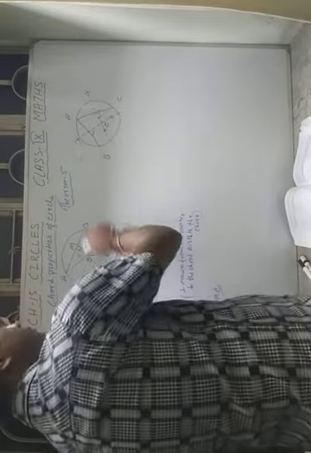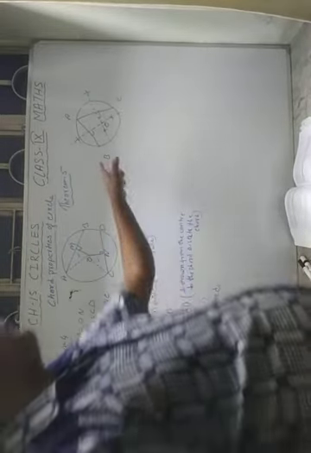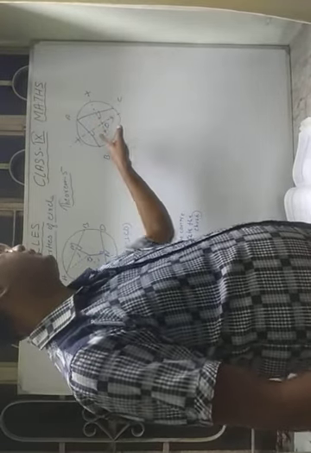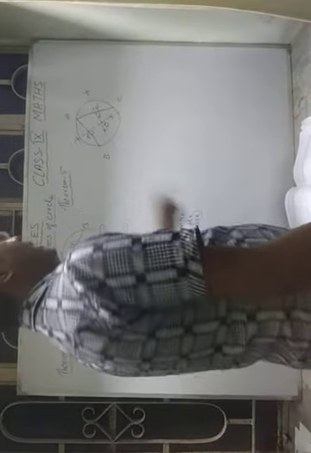It is proof because we have drawn the perpendicular bisectors to the chords. AB and AC are two chords, and we have drawn their perpendicular bisectors. That means if you take these points M and N, OM is perpendicular to AB and ON is perpendicular to AC.